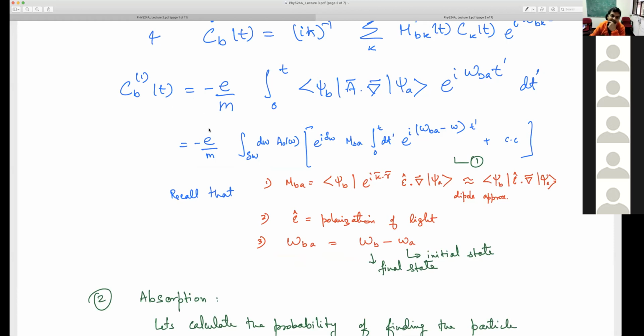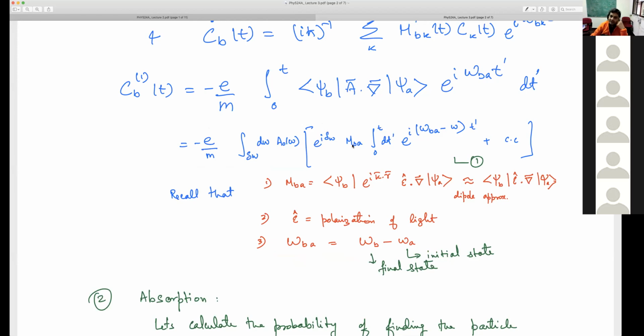And CB1 was of this form, minus E by M del omega. So del omega I am writing in terms of understanding the spread, but all the spread and the distribution of the frequencies, etc., goes into A0 omega. So ideally this integration is from 0 to infinity, and 0 because I cannot have negative frequencies.